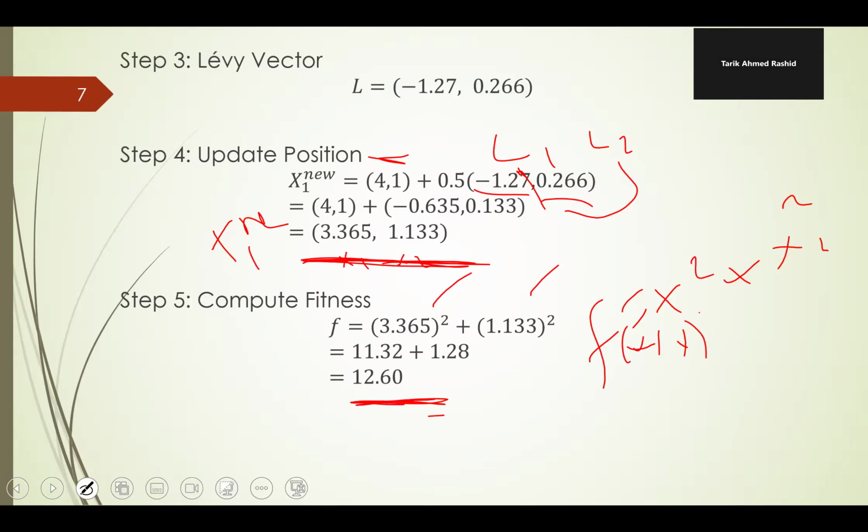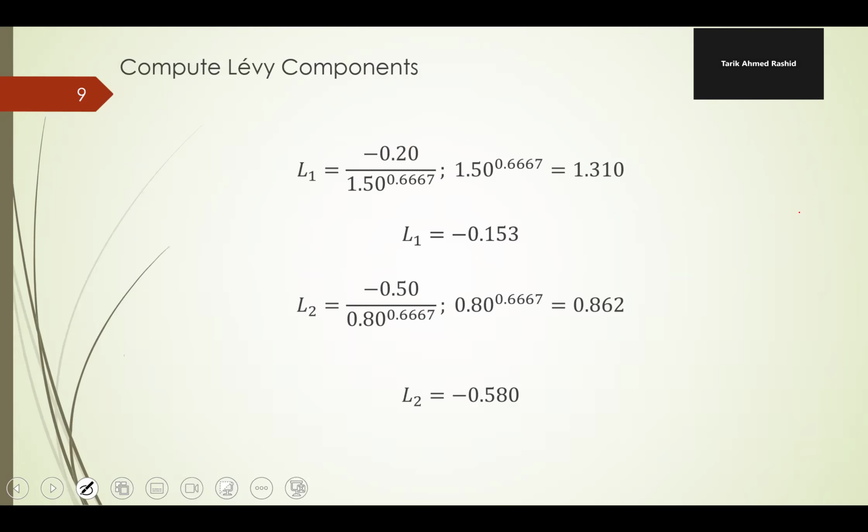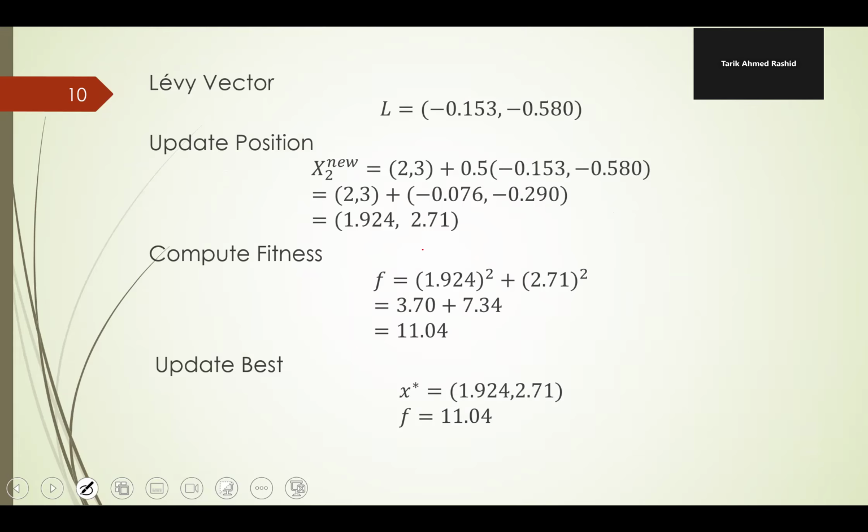Now let's check whether this solution is better. For the next nest, x2, likewise we find u1, v1, v2, so that we can find L1 and L2, two Lévys. That's how we found L1. L2 is also found. Now we plug them into the equation.